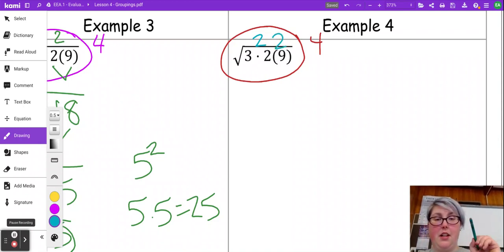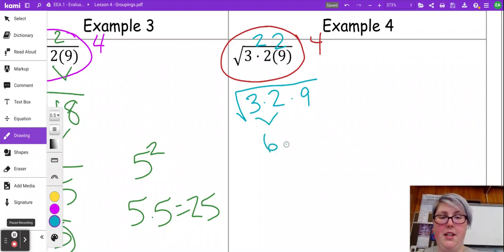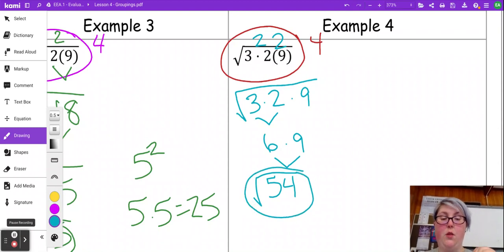That's another level 2. So I can rewrite this as 3 times 2 times 9, all under our square root. And now we just go from left to right because everything's a level 2. 3 times 2 is 6, and 6 times 9 is 54. So we can write this as the square root of 54.